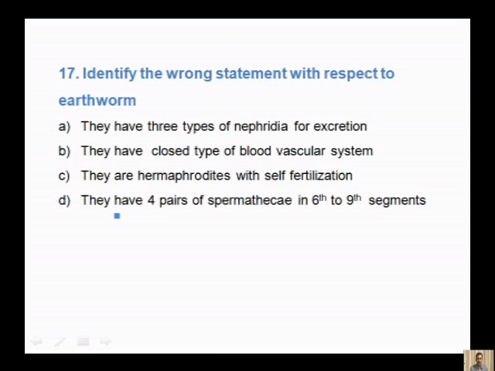Identify the wrong statement with respect to earthworm. Look at the first point. They have three types of nephridia: pharyngeal nephridia, integumentary nephridia, and septal nephridia. There are three types. This point is correct.